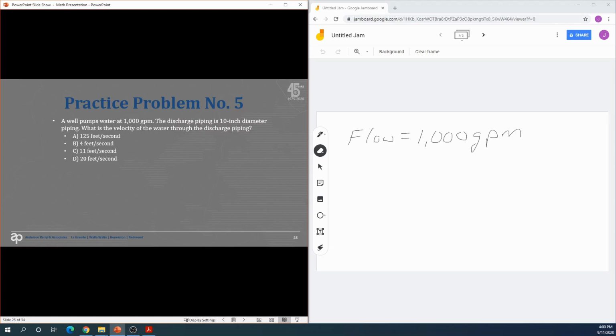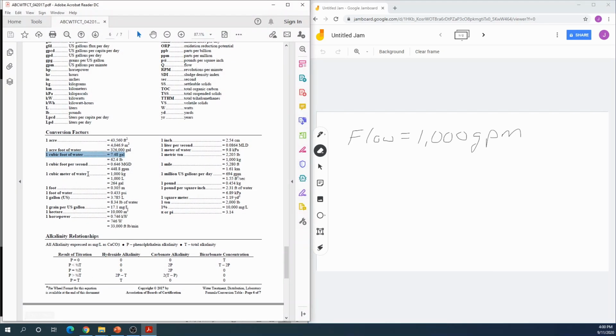So going back to our handy cheat sheet, we know that 1 cubic foot per second is equal to 448.8 gallons per minute. So 1,000 gallons per minute times 1 CFS per 448.8 gallons per minute.